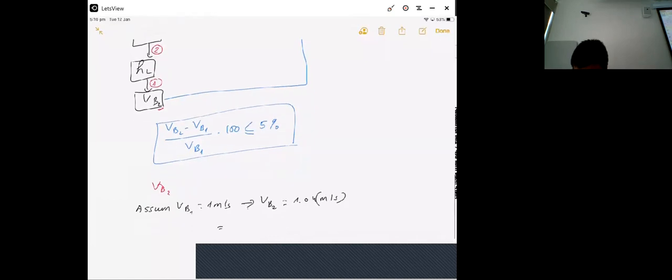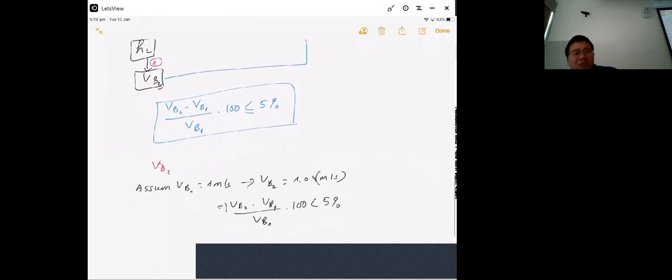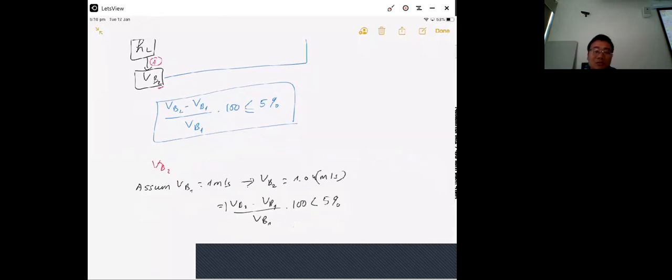It means VB2 minus VB1 divided by VB1 times 100 is smaller than 5%. It means in just one try I have the result, because my assumption is very close to the result.